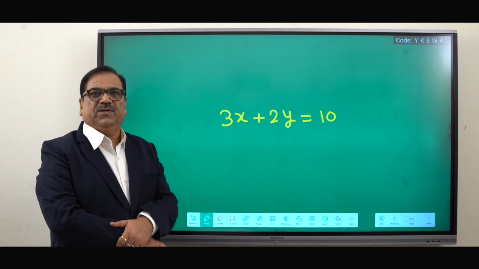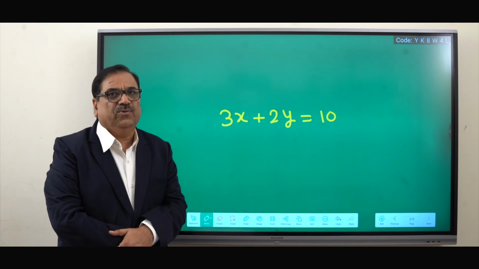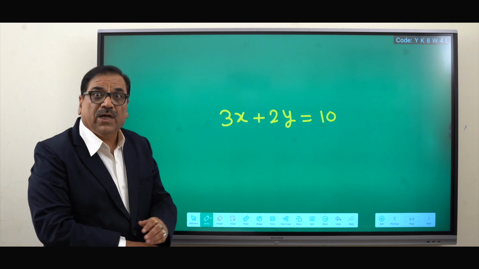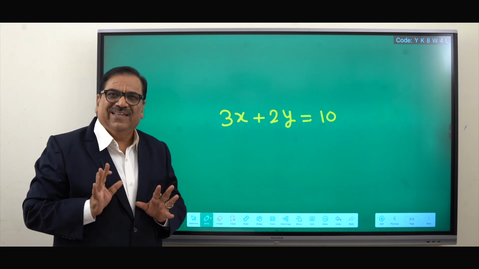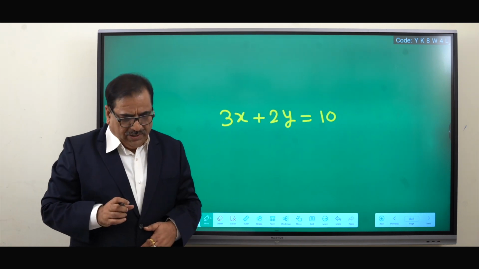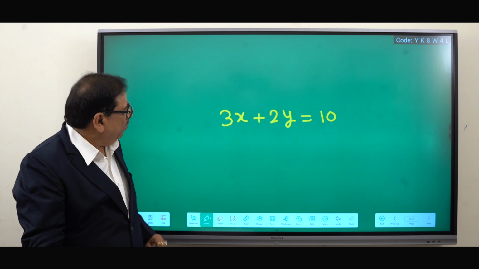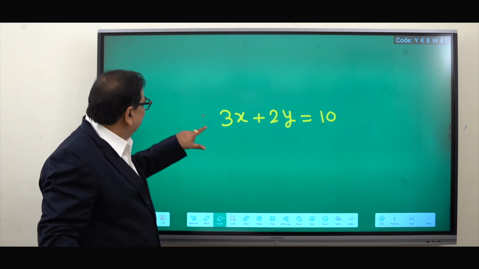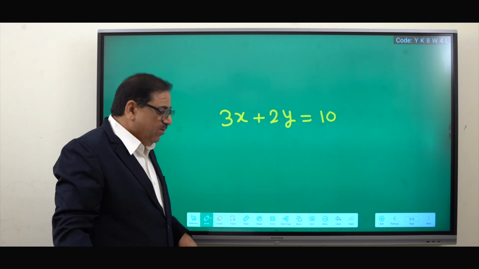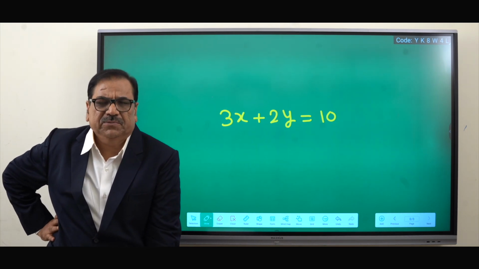These types of equations are called linear equations in two variables because the unknowns are two. Therefore, it is called linear equations in two variables. And sometimes when two such equations are there, we say simultaneous equations.